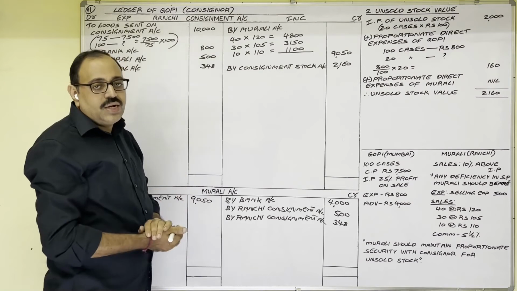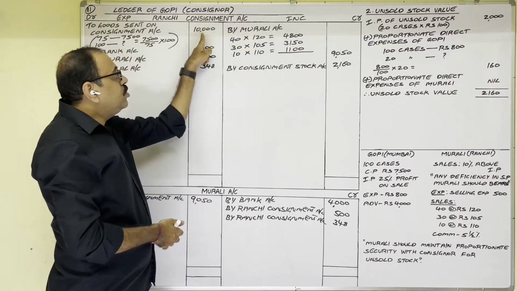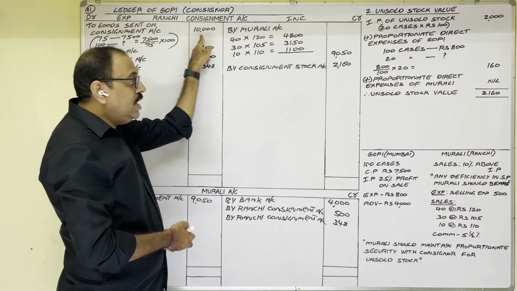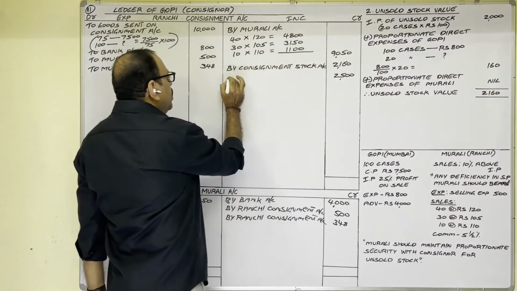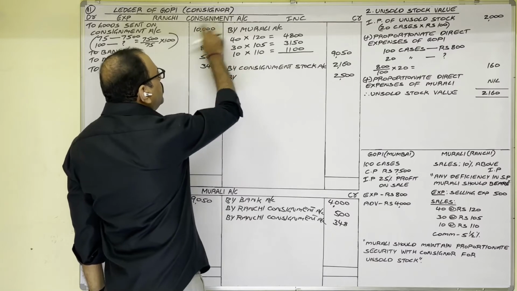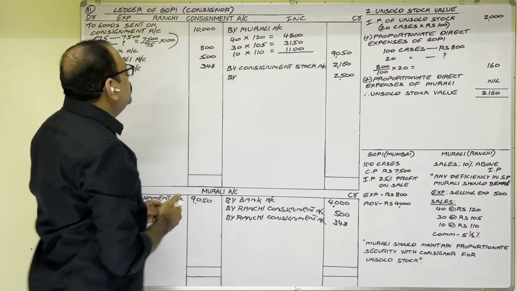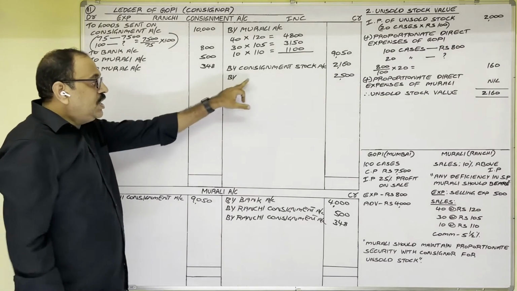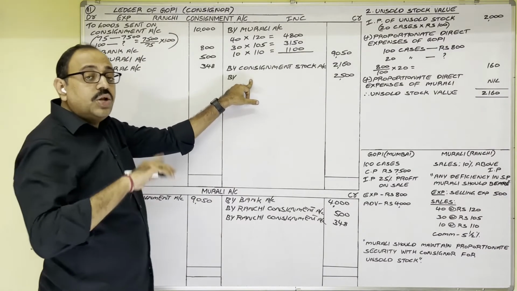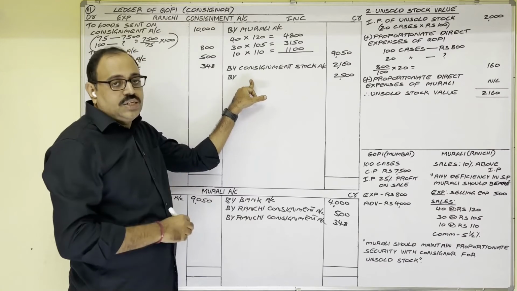This loading we should cancel. So debit side 2,500 if you want to cancel, you have to write on credit side. What to write for that? Reverse entry. What is the entry for this 10,000? Ranchi consignment account debit to goods sent on consignment account. Now what is the reverse entry for this? Goods sent on consignment account debit to Ranchi consignment account.